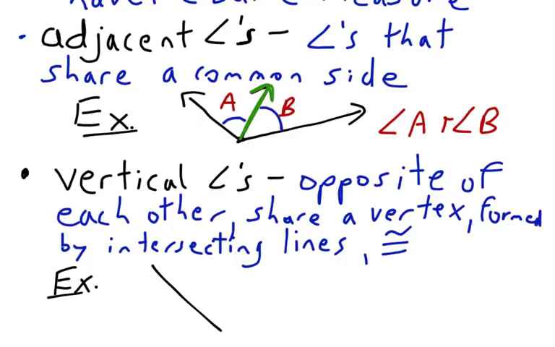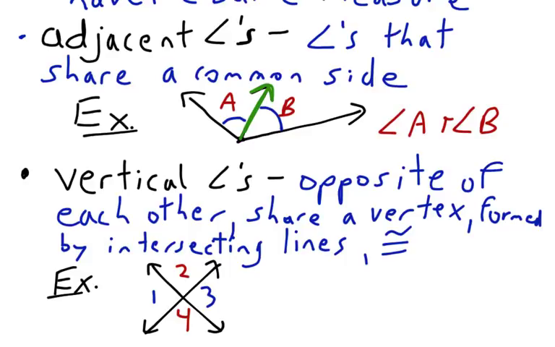So if you make any intersecting line, let's make the letter X. I know when I make that letter X that my angle 1 and my angle 3, and my angle 2 and my angle 4, they're opposite of each other. So they're going to be the same measurement. So that's pretty cool. Any intersecting lines, opposite angles are going to be the same.